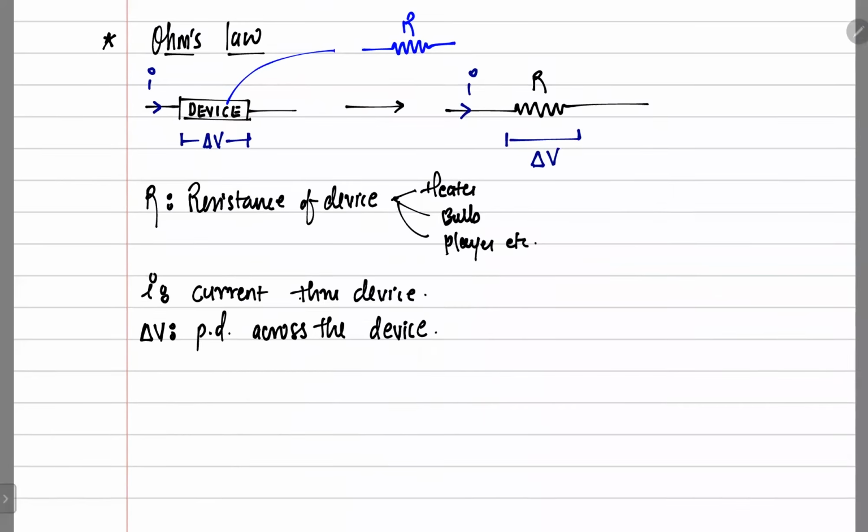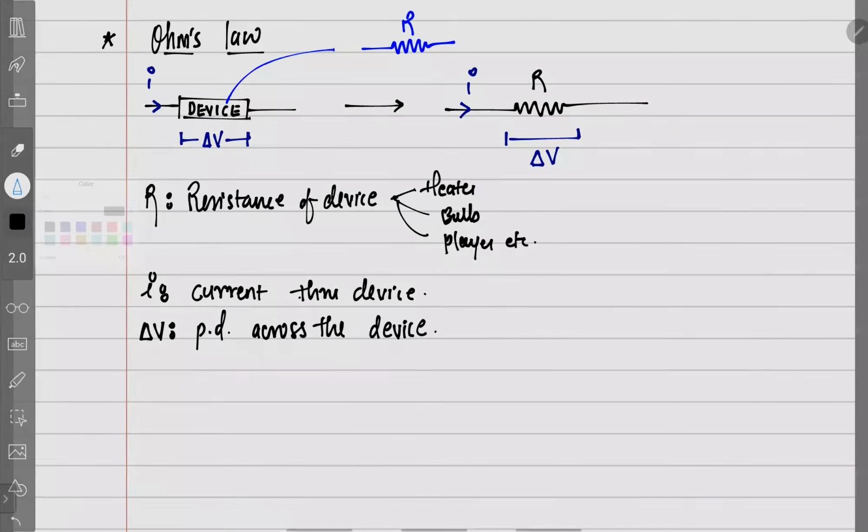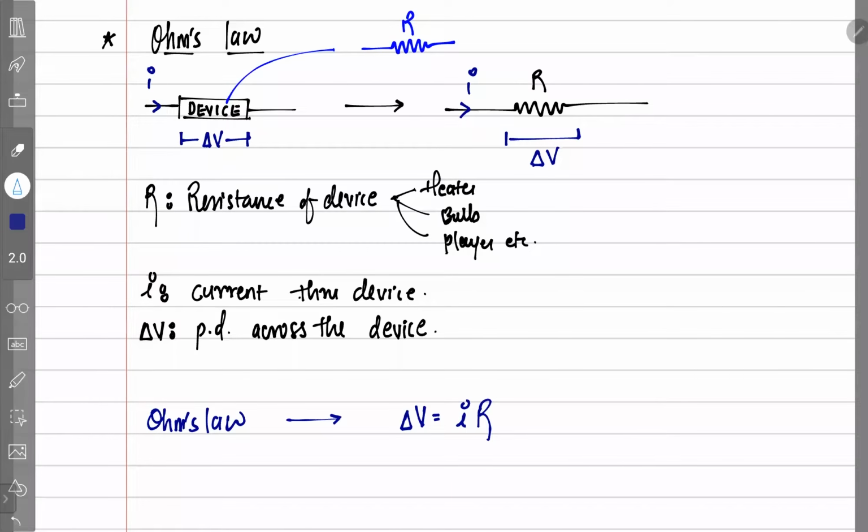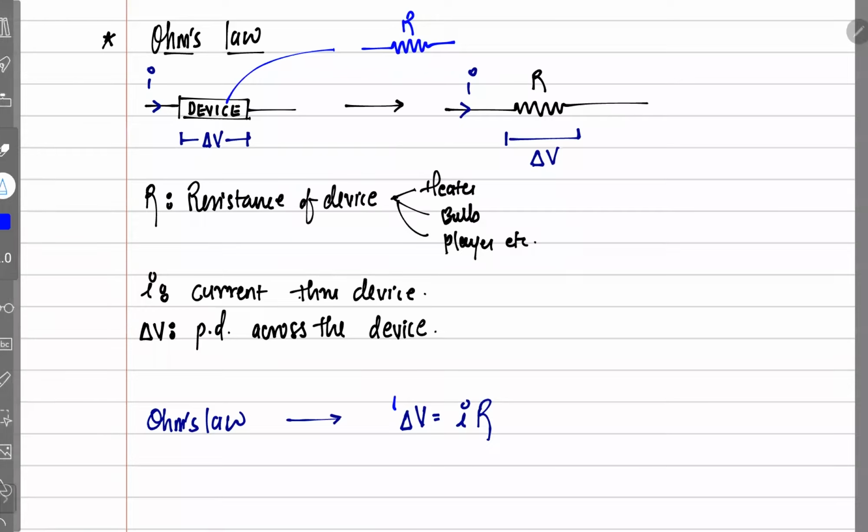Now, given this information, Ohm's law says that delta V is equal to I into R. That is, the potential difference across a device is equal to the current through the device multiplied by the resistance of the device.